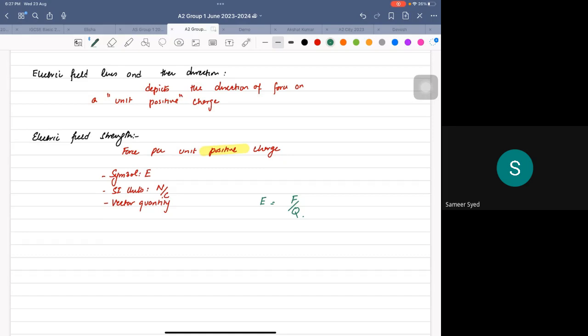So this is the formula that we're gonna follow. Right. Just write here electric field strength. This would be force. This would be charge. Just like that. Okay.